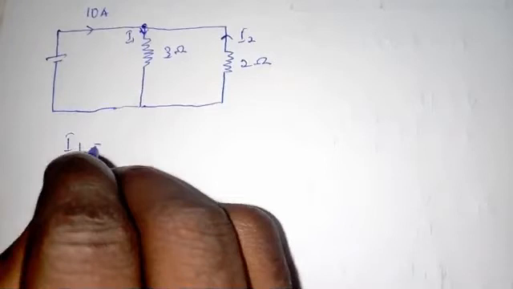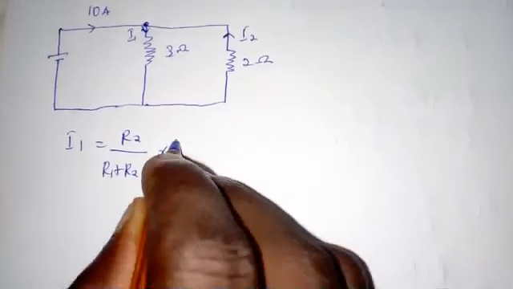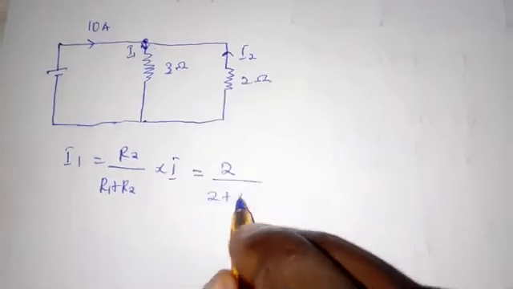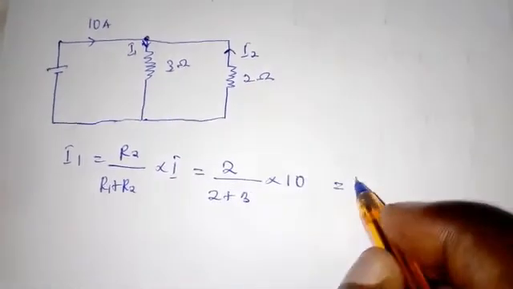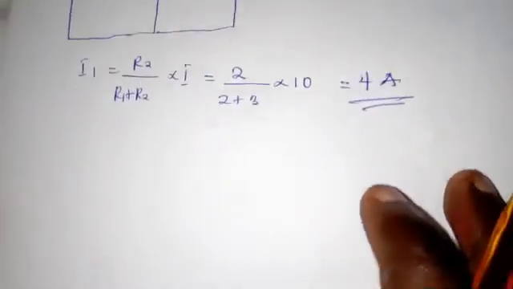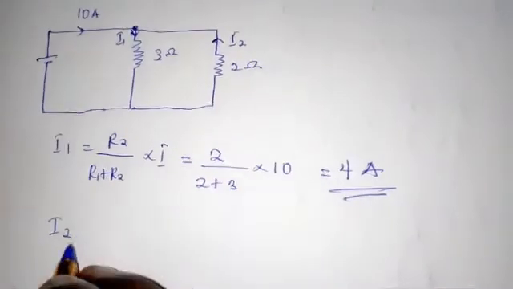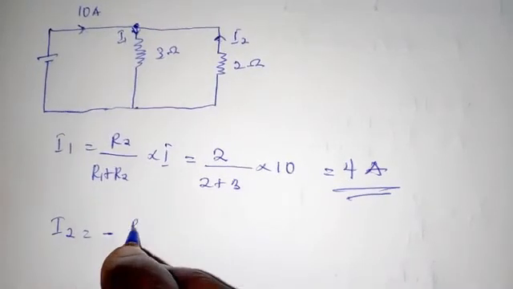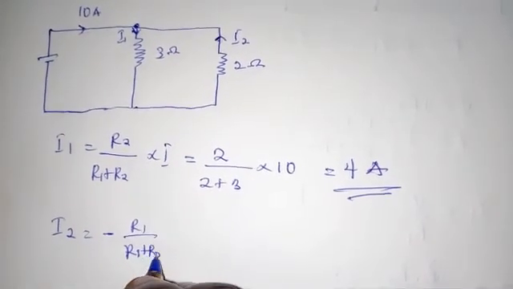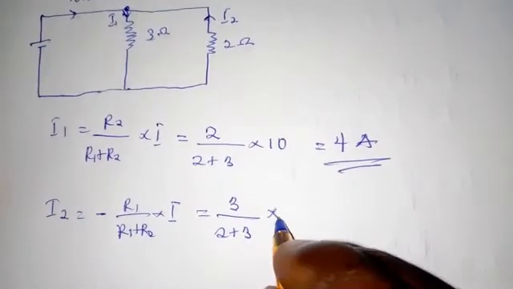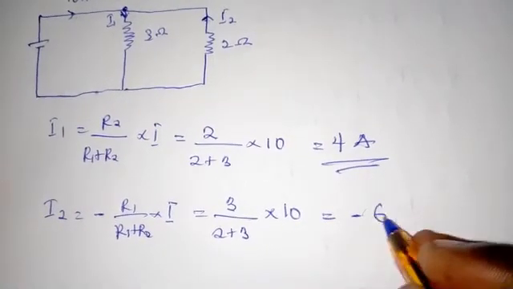So I1 becomes R2 over R1 plus R2 multiplying I, which turns out to be 2 out of 2 plus 3 multiplying 10, and this becomes 4 amperes. Now for I2, the direction is opposite to that of the supplied current, and so it becomes negative R1 out of R1 plus R2 multiplying I, and this becomes negative 3 over 2 plus 3 multiplying 10, which is negative 6.